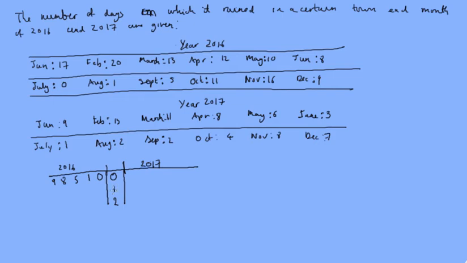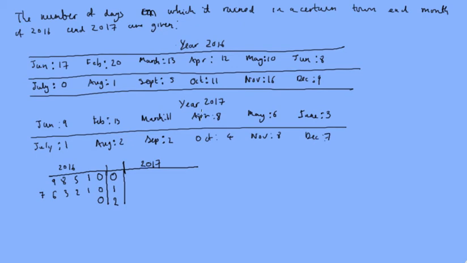And then for the tens, is any 10 days of rain? Oh yes, May had 10, October had 11, and April had 12, March had 13, and November had 16, and January had 17, and February had 20.